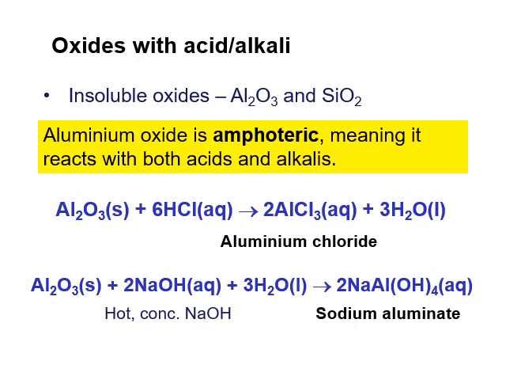So that is with hot concentrated sodium hydroxide, and it makes sodium aluminate. So you need to know those two equations in case you are asked to give examples of aluminium oxide acting as an acid and as a base. So they're the equations you need to learn for that. You also do need to remember what amphoteric means. You could be asked. That is a definition you've got to learn.